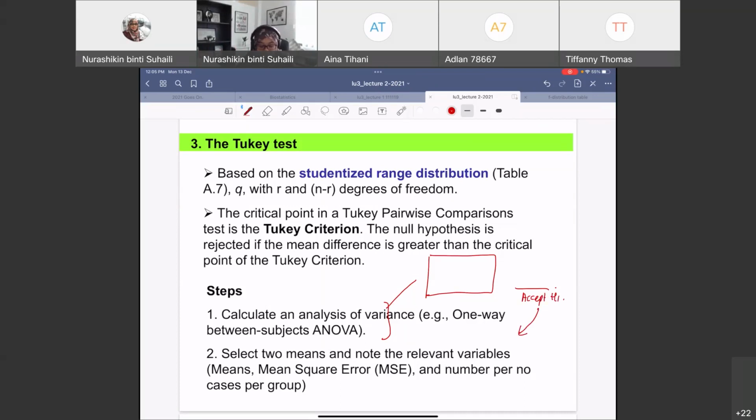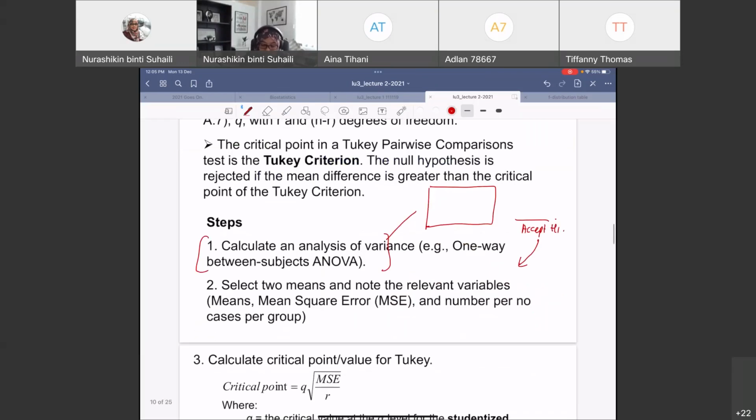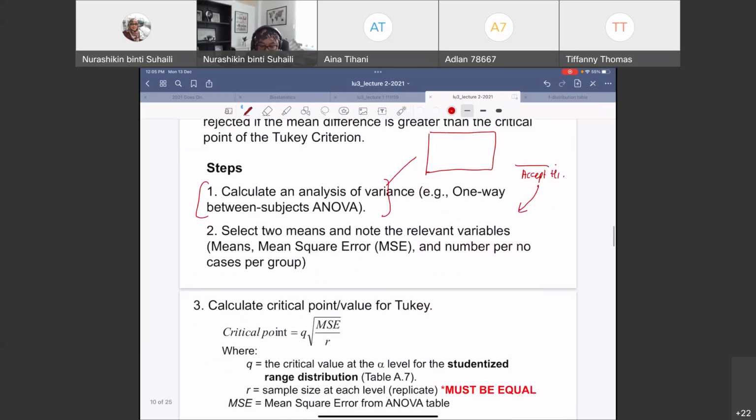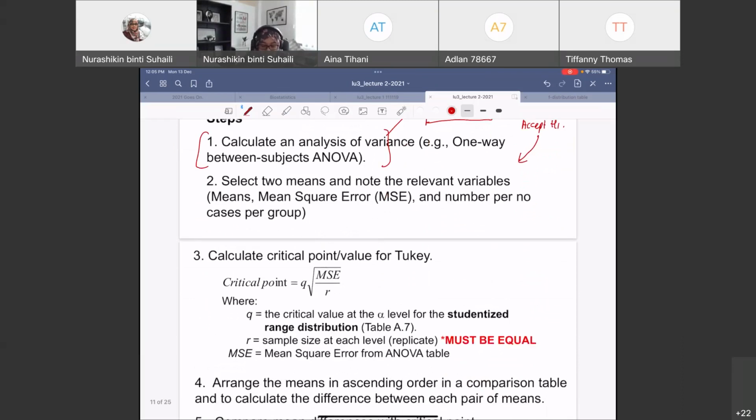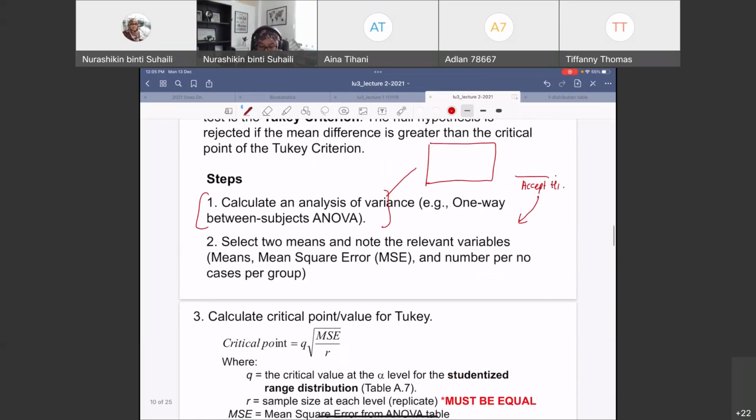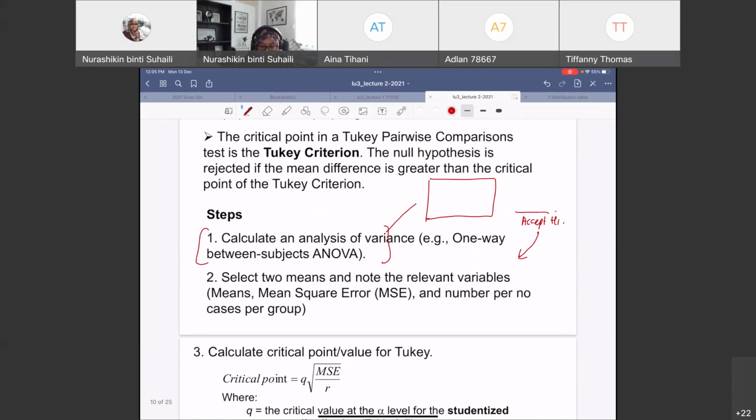So the first step, calculate the analysis of variance, means you have gone through what is covered in lecture 1. Now, when you proceed with the Tukey test, after you have done the ANOVA table, you have to select two means and note the relevant variables.